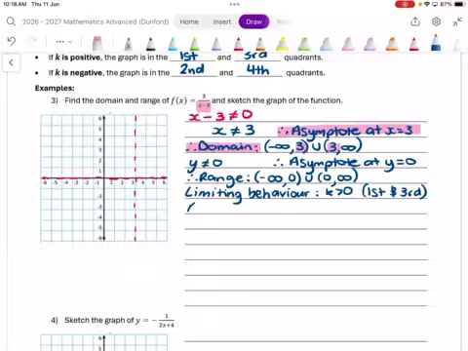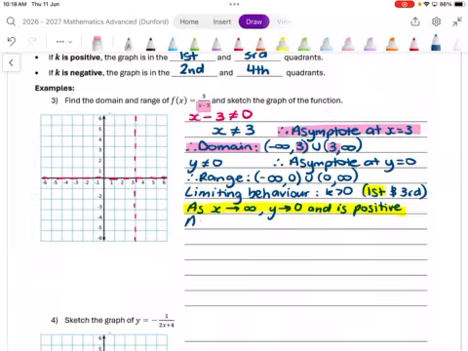And what this means is that as x approaches infinity, y approaches 0 and is positive, meaning that is when it's in our first quadrant. Okay, so that line there means we're in our first quadrant.